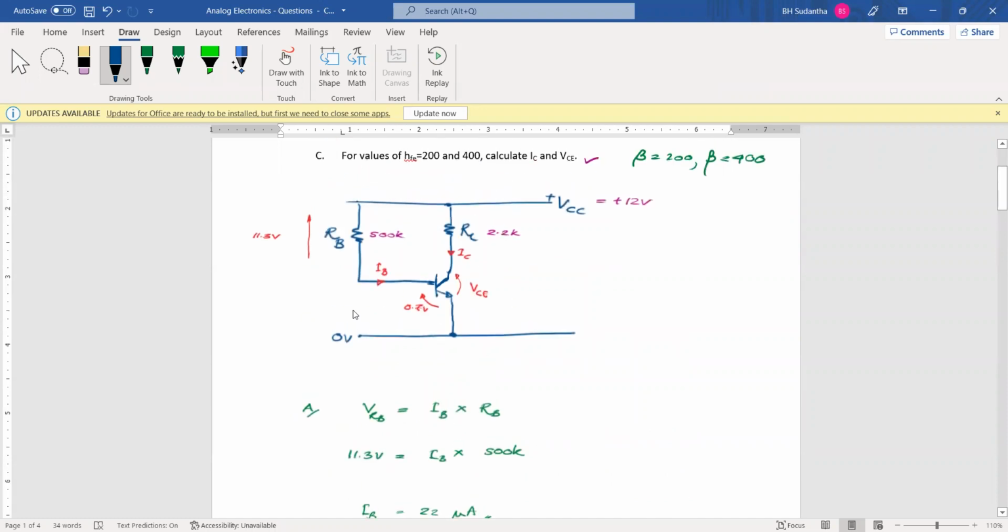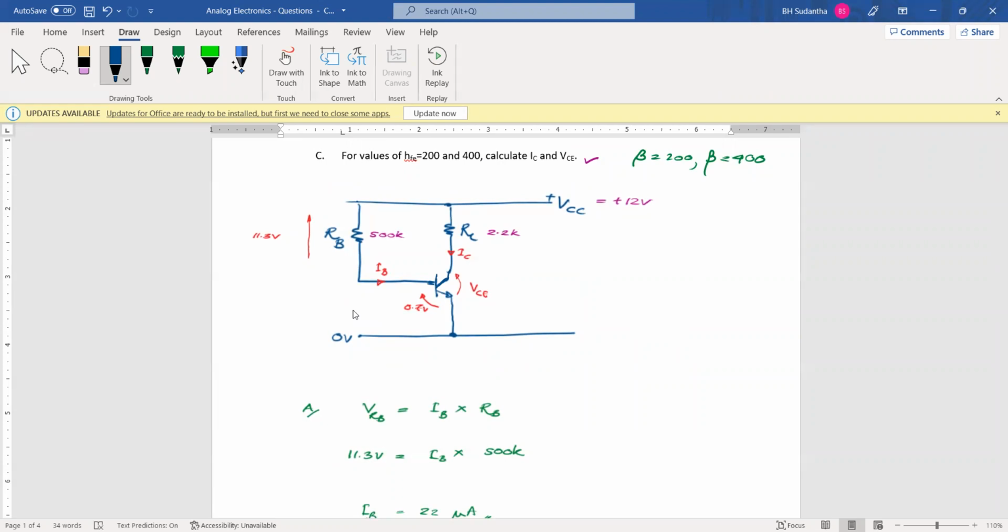Actually, without having this RB, you know that we have to provide 0.7 volts to the base emitter junction to turn on the transistor. But if you provide more than 0.7 volts, then the base emitter junction will be damaged. Base emitter junction damaged means the entire transistor will be damaged. No use of that transistor after that.